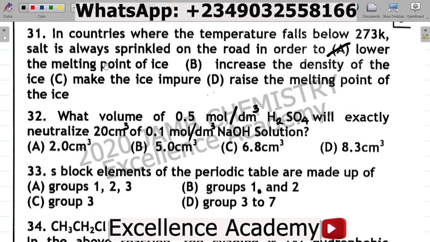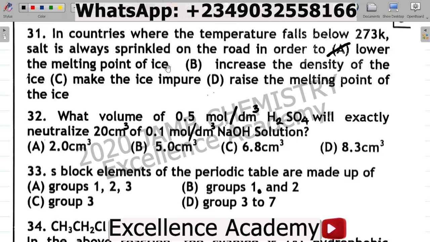Now, when salt is sprinkled on ice, what happens is that the melting point of ice is being lowered. And what this means is that ice quickly turns into water or liquid, which then vanishes. So if we have ice lying on the road and we want to eliminate the ice, all we have to do is to sprinkle salt on it.